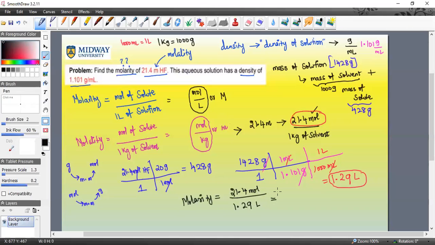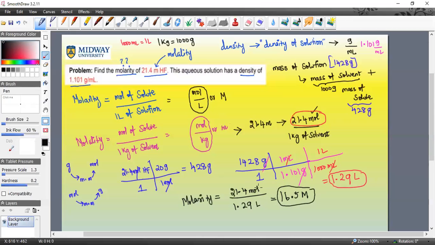So it's about 16.5 molar. That is pretty concentrated. Okay, that is a pretty concentrated solution.